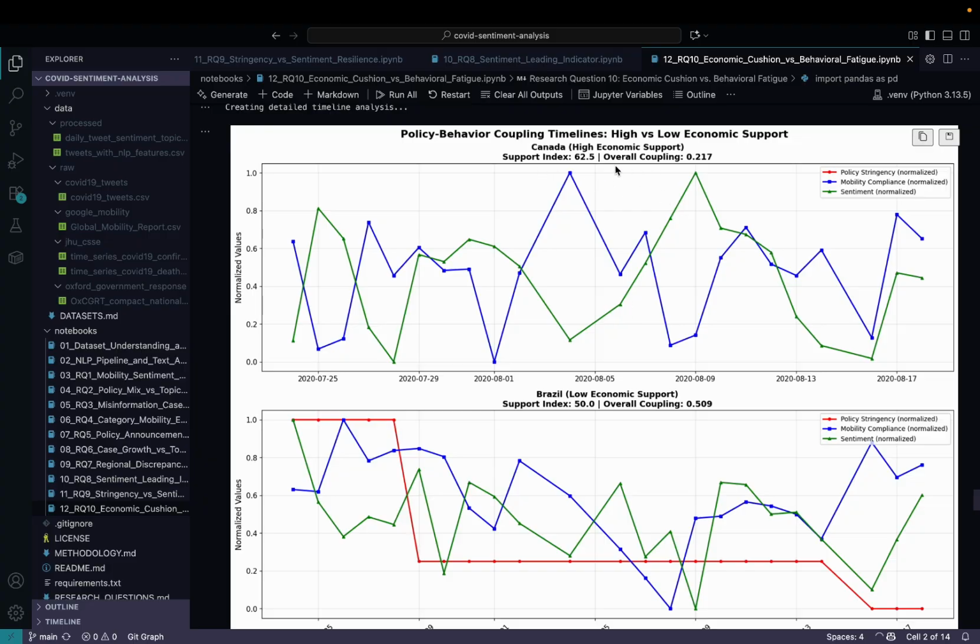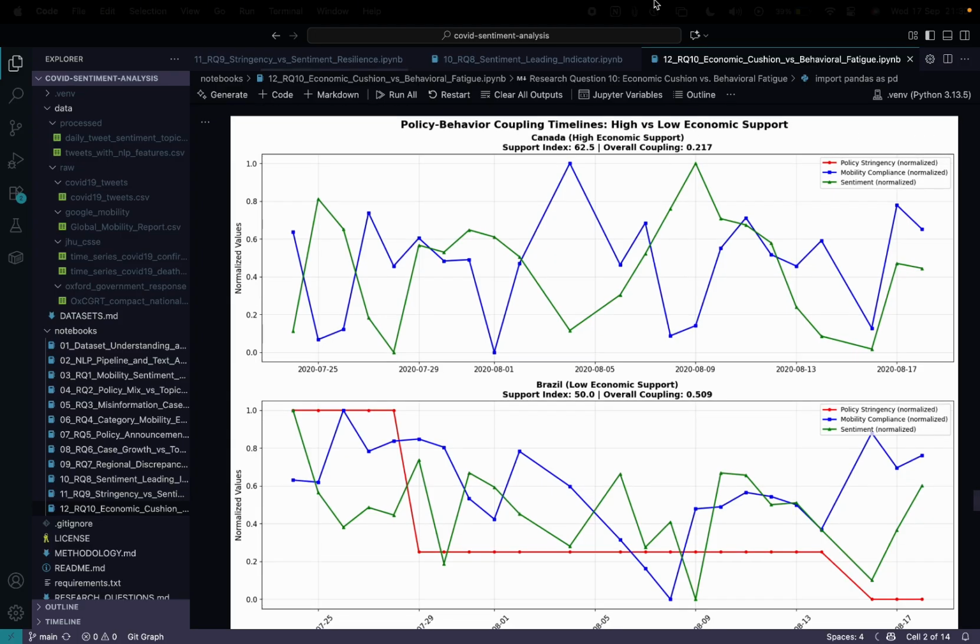We have also calculated the overall coupling, which is 0.217 for Canada and 0.509 for Brazil. From this, we can understand that economic support buffers maintain behavioral compliance, so the two are directly related. This is what we have understood from question number 10.